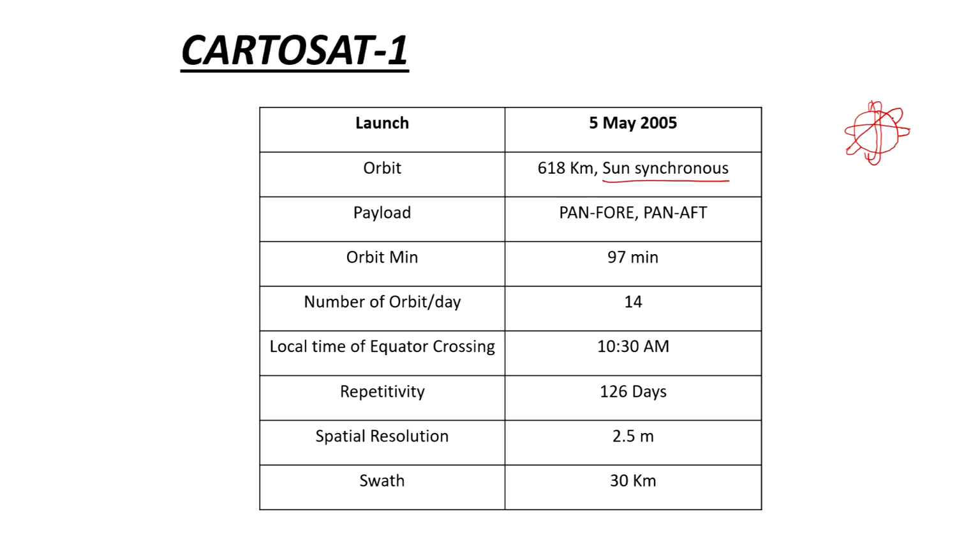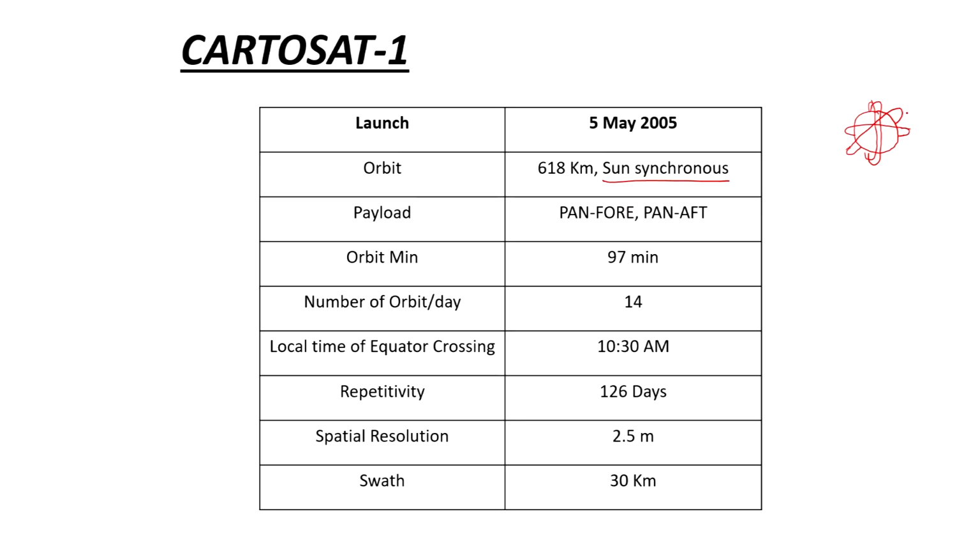All the satellites used by navigational organizations are orbiting in an inclined orbit. Those orbits are called geosynchronous orbits.